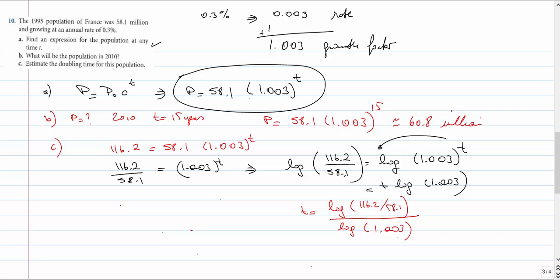You should be able to find approximately 231.4 years. So the population of France will double about every 231 years.